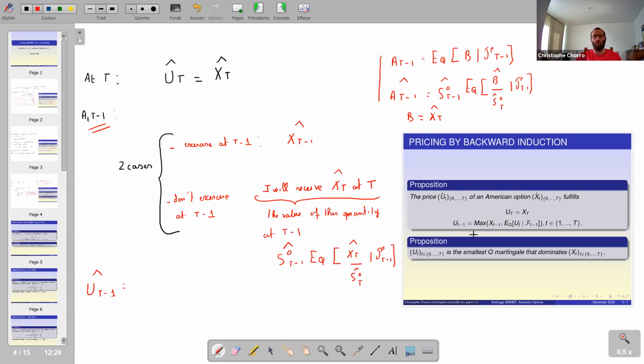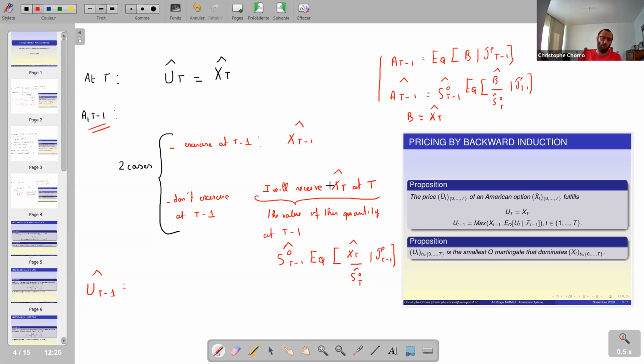Contrary to the point of view of the buyer, a seller won't be able to sell at a price that is lower than the maximum between the two, because it will be what he will have to give you if you exercise at capital T minus 1. So from the point of view of the owner, you can't pay more than the maximum between the two quantities here.